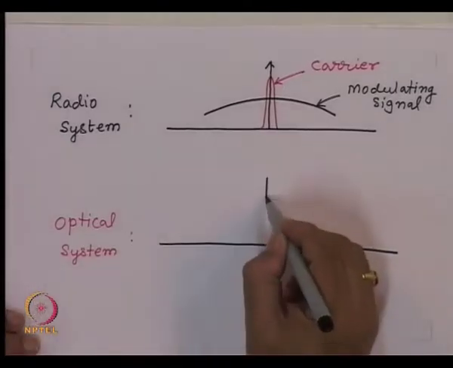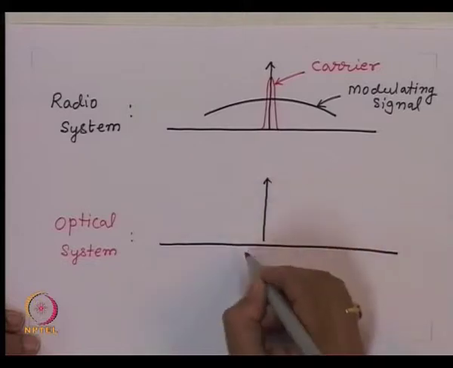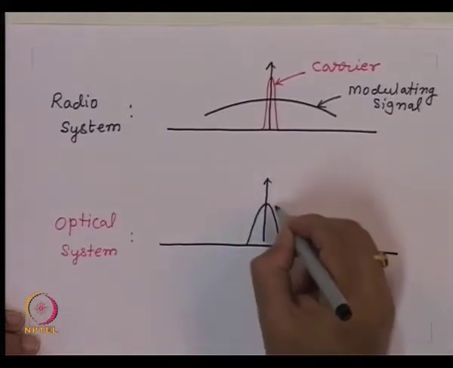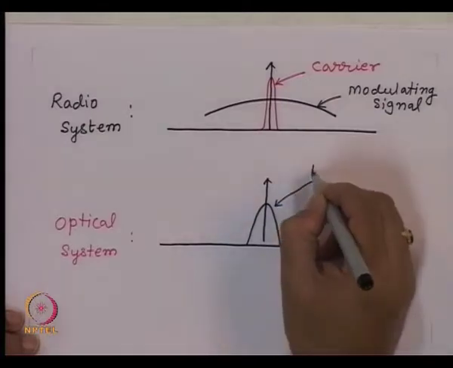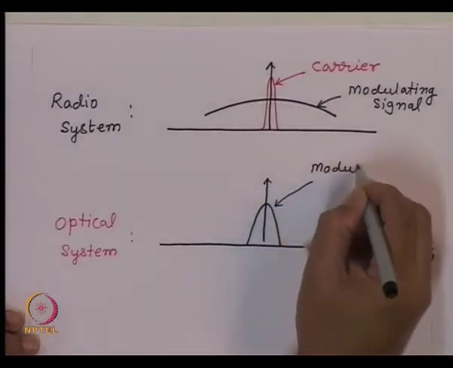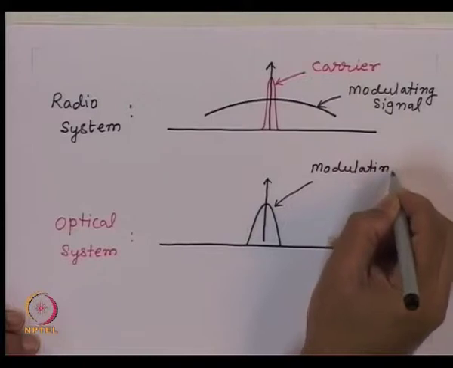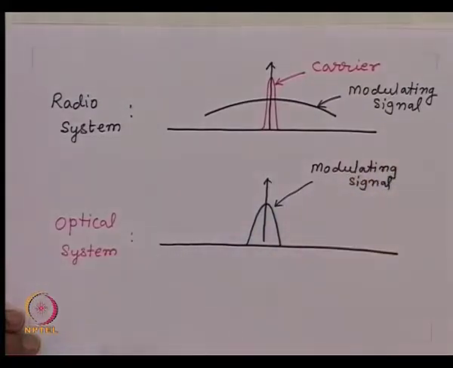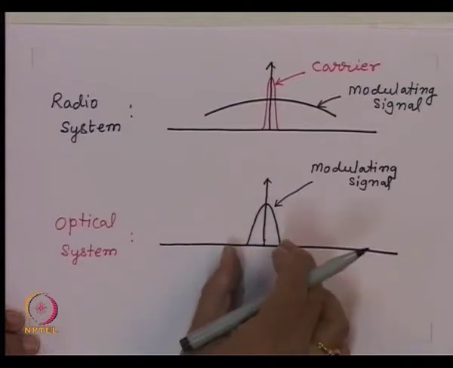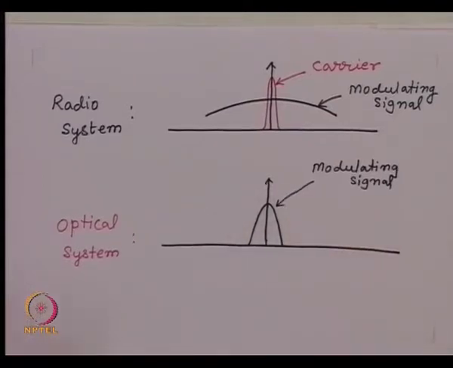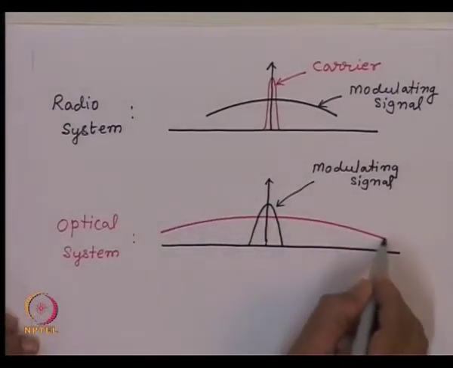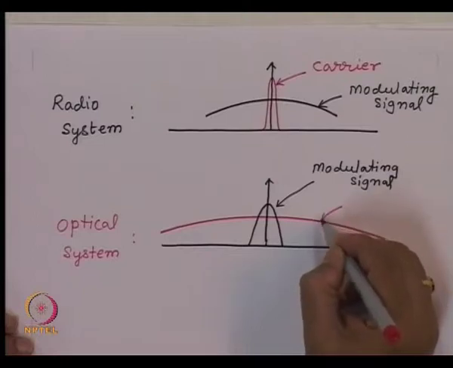So this is my modulating signal, which could be of the order of about 100 gigahertz or 10 gigahertz bandwidth, whereas you have the optical carrier which will be like that. So this is the carrier.